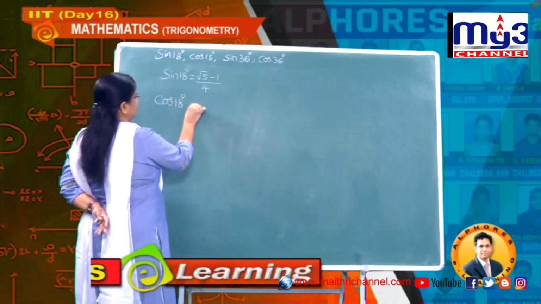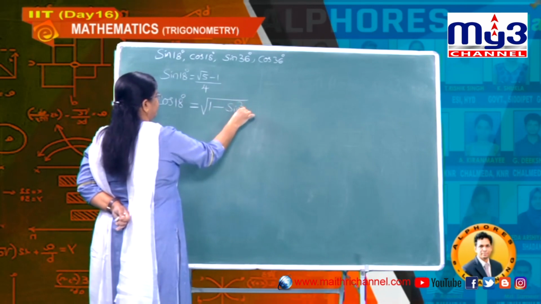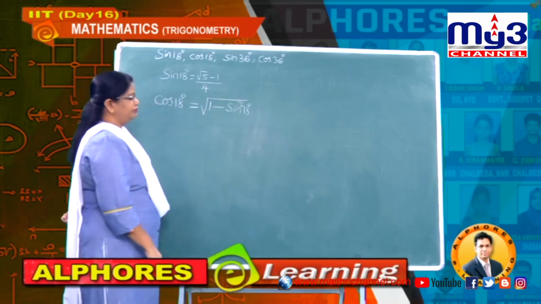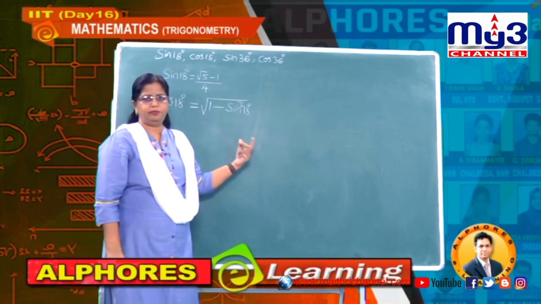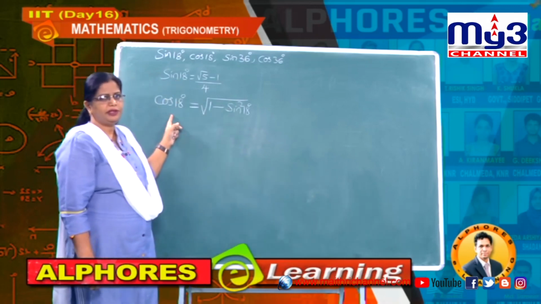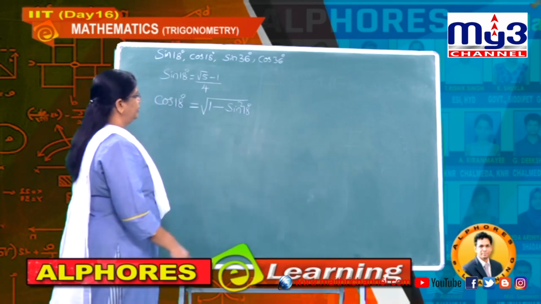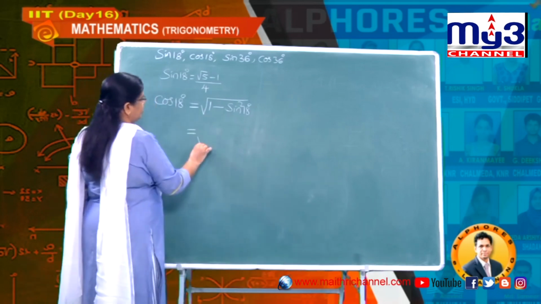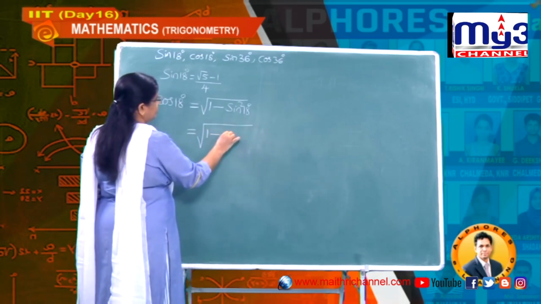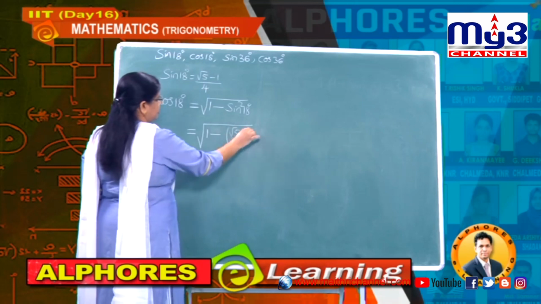Now this is the square root of 1 minus sin square 18. For every problem, there is no need to use the previous method; you can make use of this for all remaining values. So cos 18 we got this one. Now sin square 18 means, as we just proved, let us substitute root 5 minus 1 divided by 4, whole square.